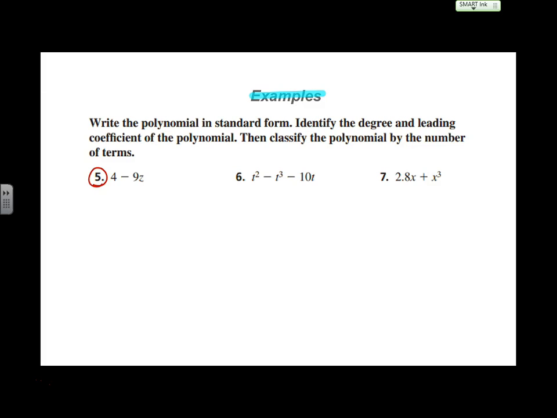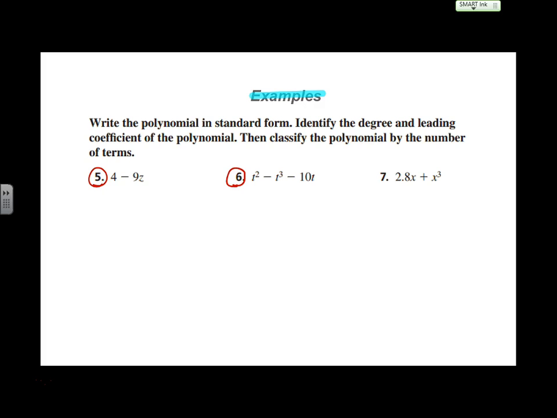The very first thing that it asks us to do in the directions is write the polynomial in standard form. Now I just said standard form means the number last, the highest degree first. So question, kiddos, in the first one, where should the 4 go?